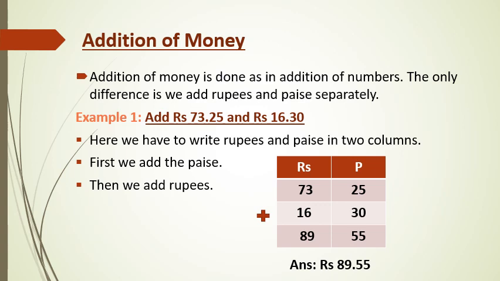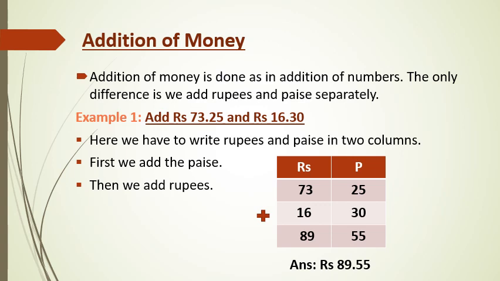So in this sum we can see that in paise column we are getting 25 paise plus 30. So if we start with the rightmost column, we are getting 5 plus 0, it will be 5, and then 2 plus 3, it will be 5. And the next, in the rupees column, we are getting 73 and 16.